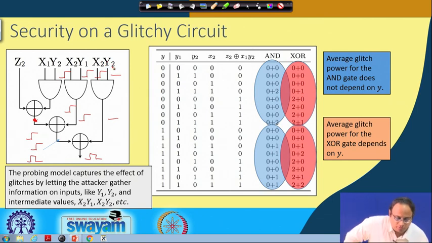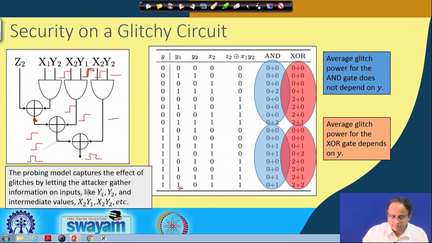So if you want to read this table, the way to read it is that you see the value here. Suppose the value is 1. That means we are assuming that there is a transition that y1 makes from 0. All these values are pre-charged to 0, and therefore, if I write y1 over here, that means I am considering this glitch which makes this transition from 0 to 1.